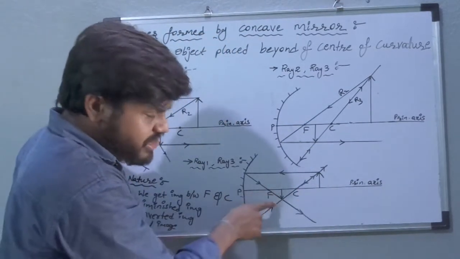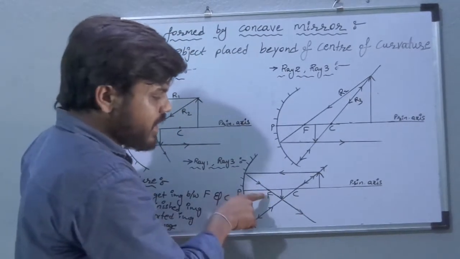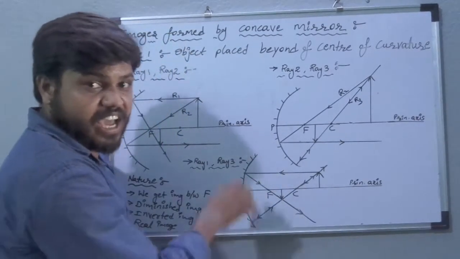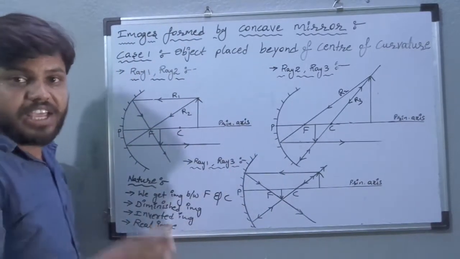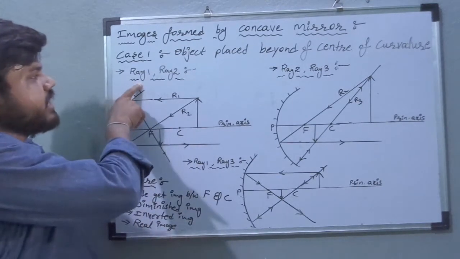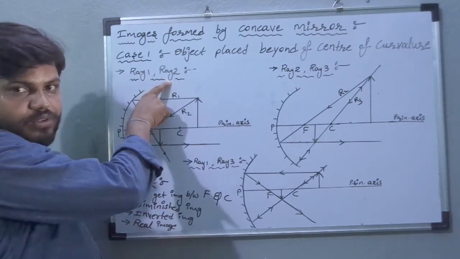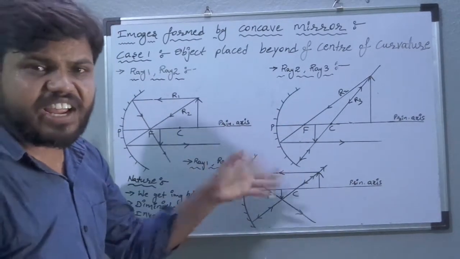A diminished image and an inverted image, and we got the image between F and C, and we get this image on the screen, so it is a real image. In the textbook we have only one ray diagram using ray 1 and ray 2. The remaining two we also get. From this you can draw any diagram.